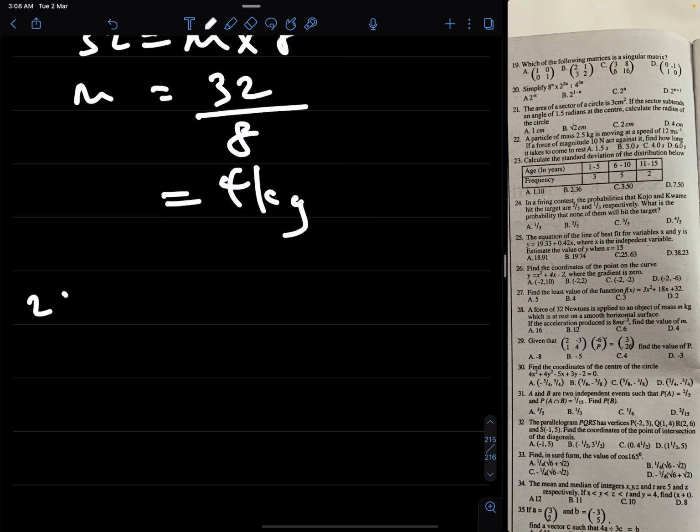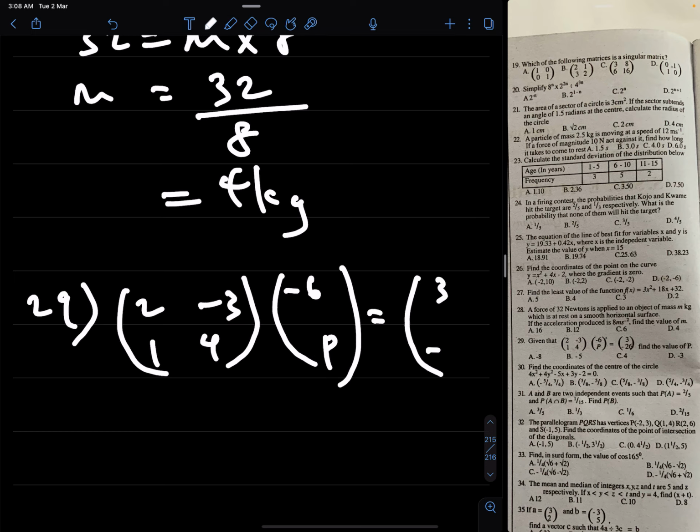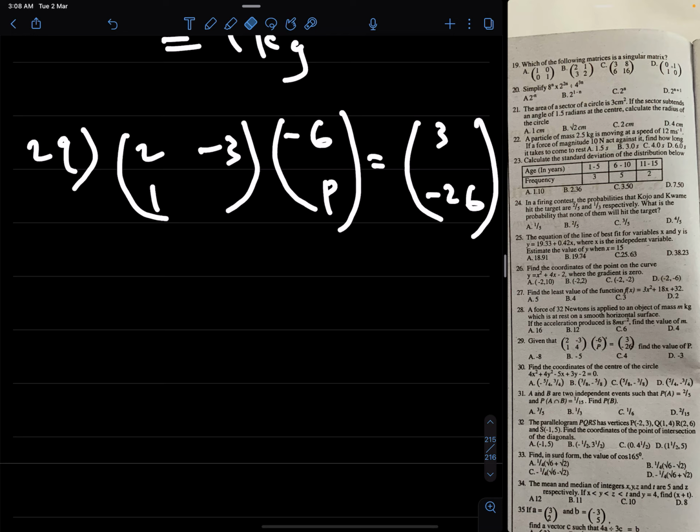Now to the next very quickly, 29. 29 says, given that the product of the matrices (1, 4) and (minus 6, p) is equal to the matrix (3, minus 26). When you multiply, that will be minus 12 minus 3p, and this will be minus 6 plus 4p.